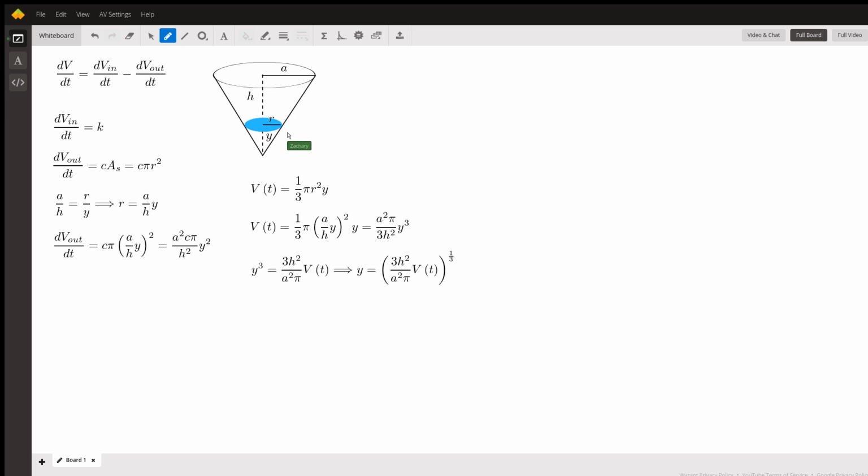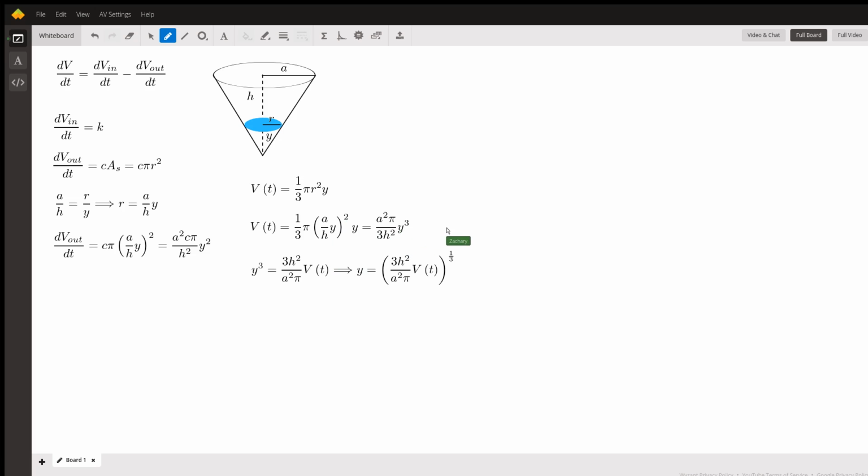So if we say at time t, the radius of the cone is r and the height of the cone of water is y, we can say that the volume at time t is just the volume of a cone, 1/3 pi times r squared times y. And now we can go back again and replace that r squared with a over h times y squared. And so once you work that out, this is the fraction that results times y cubed.